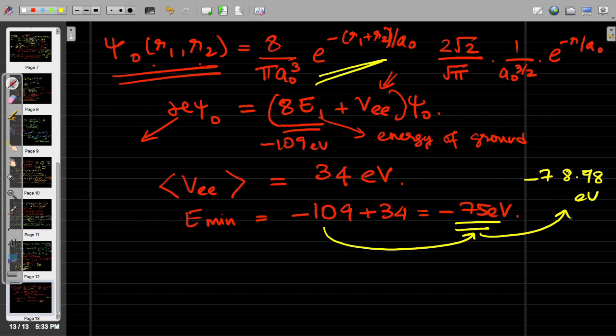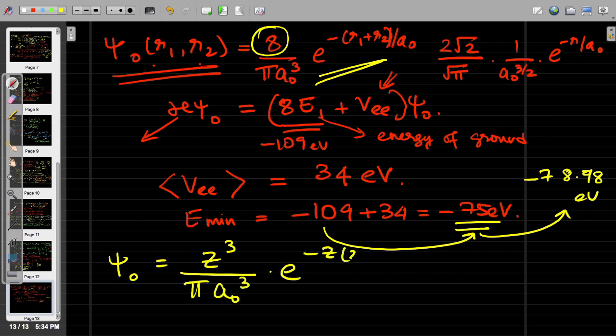Of course, we can definitely do better, and all that one has to do is to make the parameter z the variation parameter. So let's say instead of choosing the function as we had taken earlier, you take z cubed over pi a naught power 3 times e power minus z times r1 plus r2 divided by a naught.